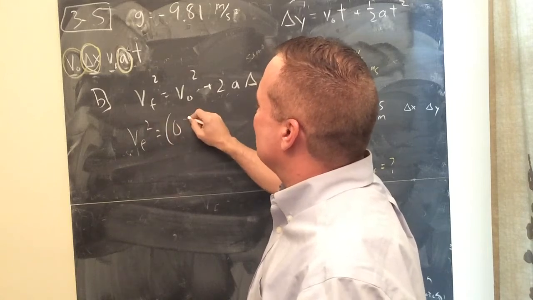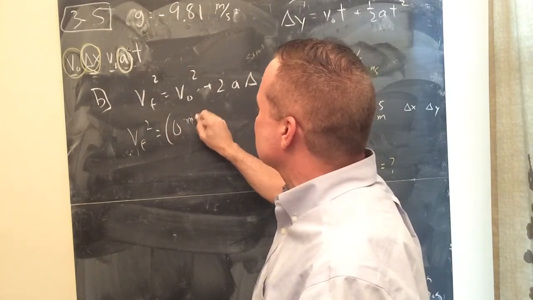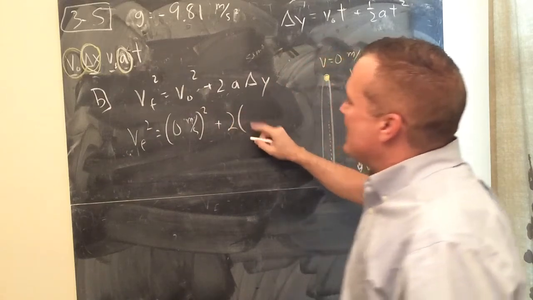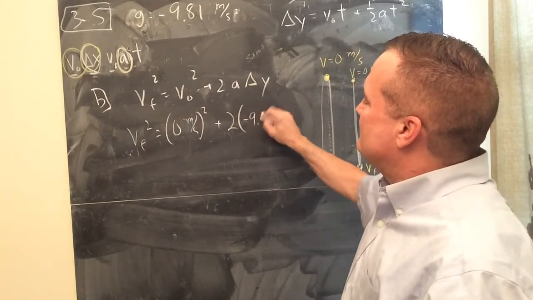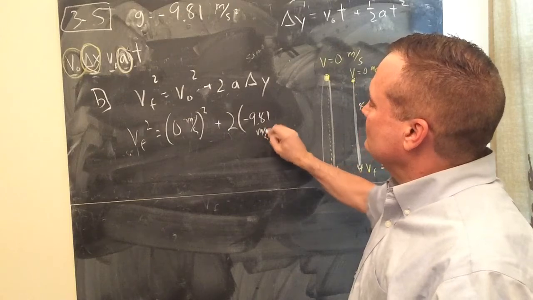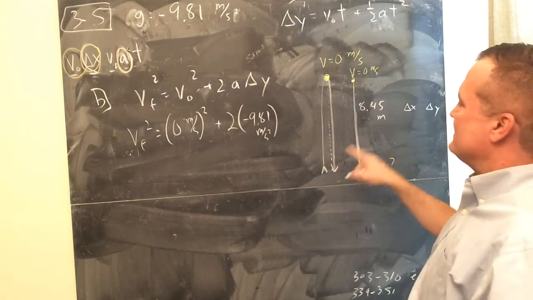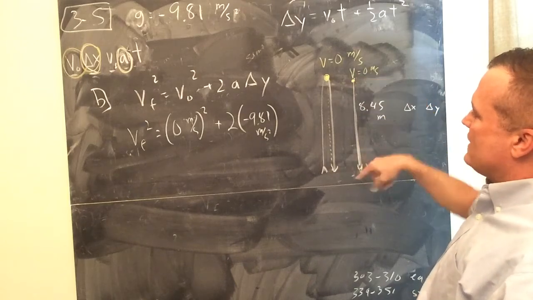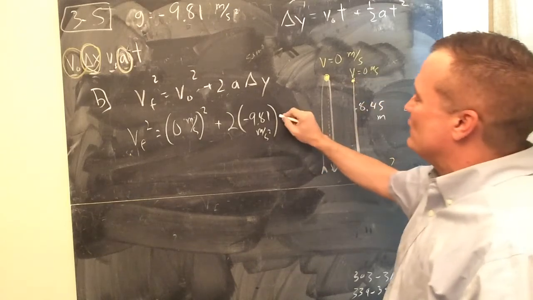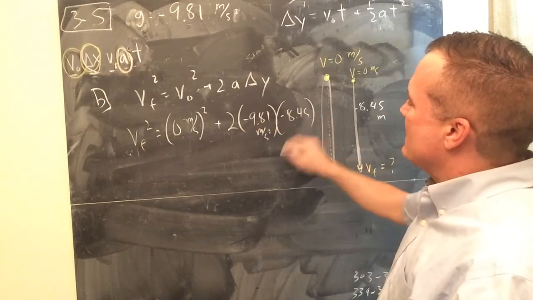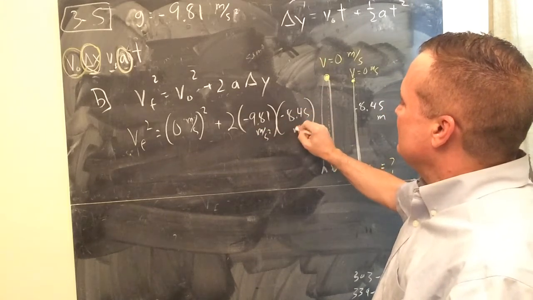Isn't that great? It's fun to put 0 in numbers on the equations because that's going to be easy to work. Times 2. Now A is gravity, negative 9.81 meters per second squared, and delta y is 8.45. Now actually, since you're going up and coming down, it's actually negative 8.45 meters. That way your number will be positive anyway.